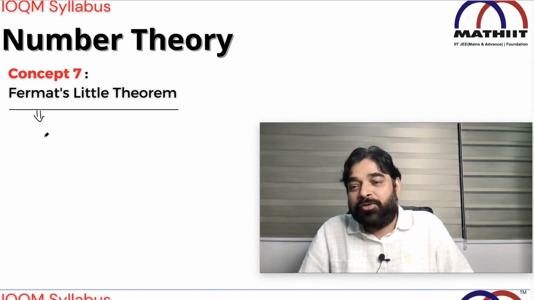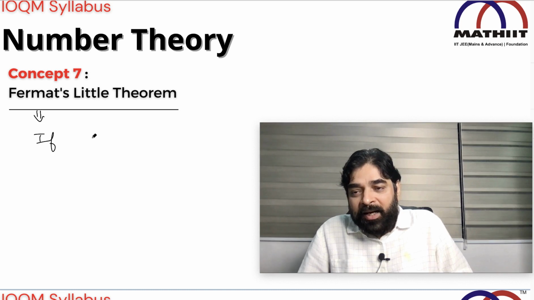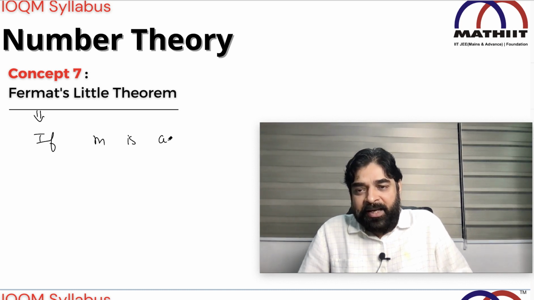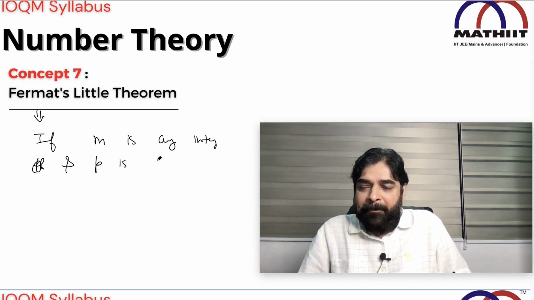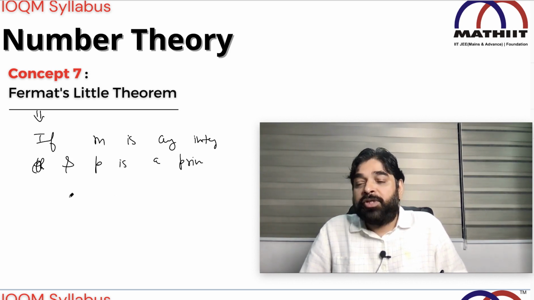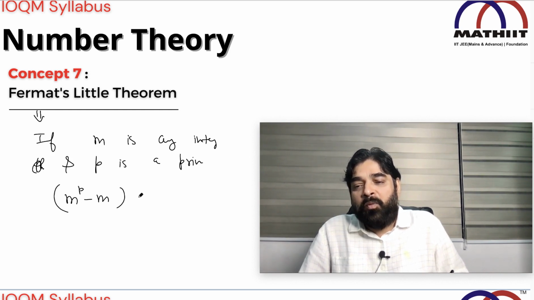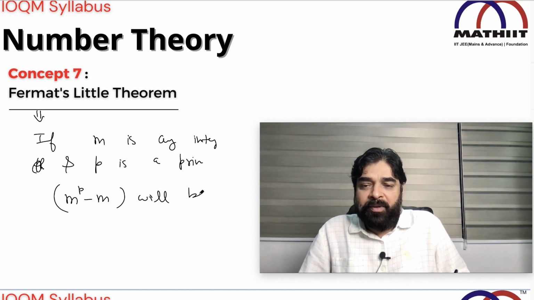What it's trying to say is, if m is any integer and p is a prime, then m power p minus m will be divisible by p.